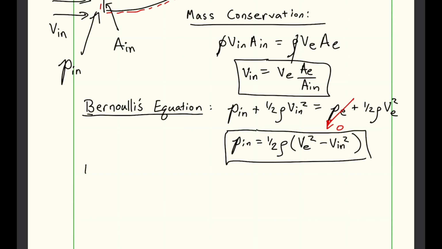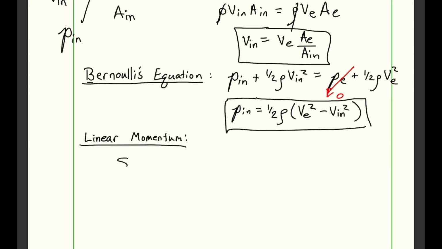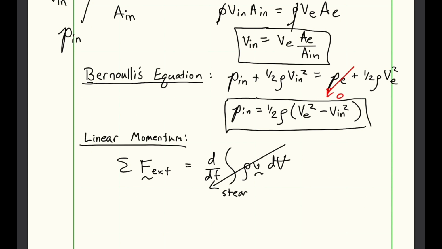The important bit comes when we go to apply conservation of linear momentum. If we write it out, it says that the sum of the external forces equals some stuff that involves a volumetric integral, which we won't actually have to do because we have a steady flow with a fixed control volume.